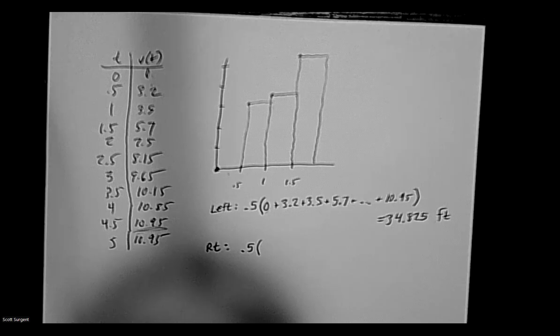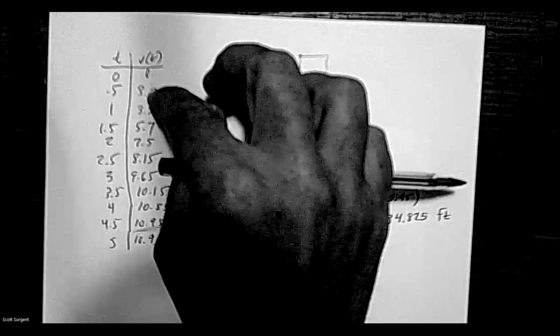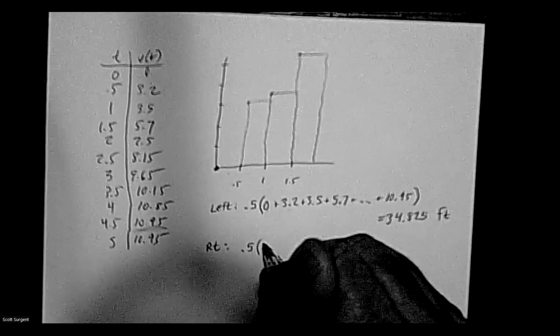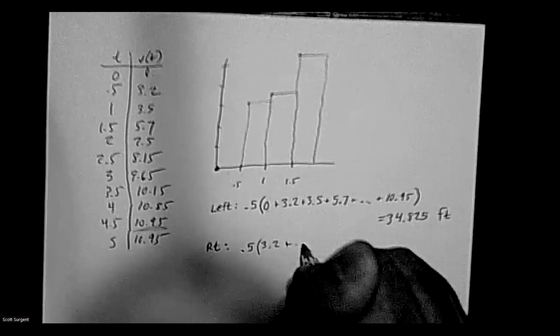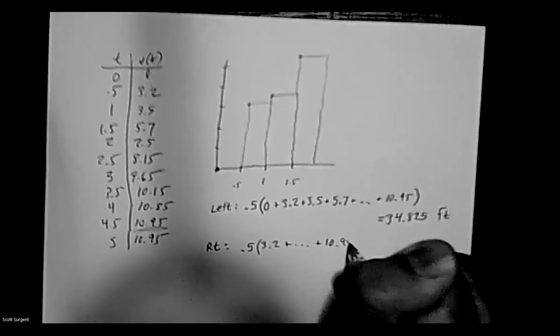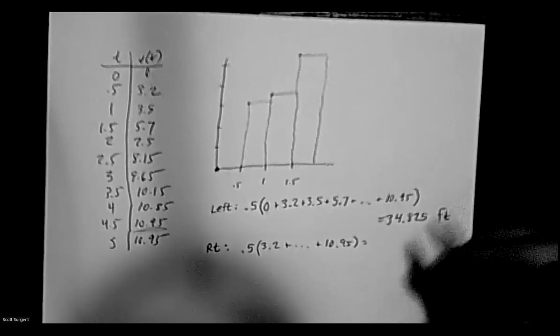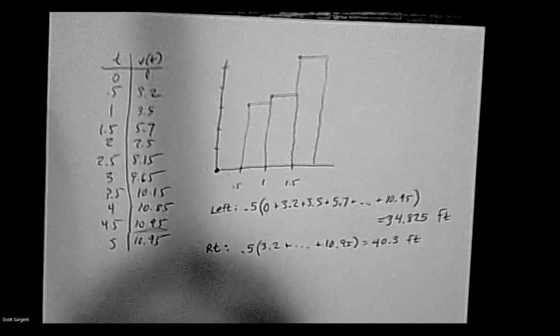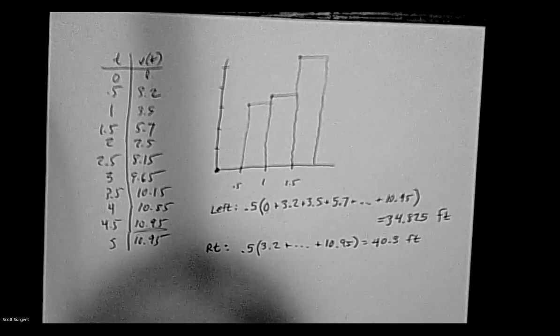So when I add up all of these numbers from 3.2 to this 10.95, I get 80.6, but then I multiply by 0.5 and I get 40.3. So 40.3 feet.